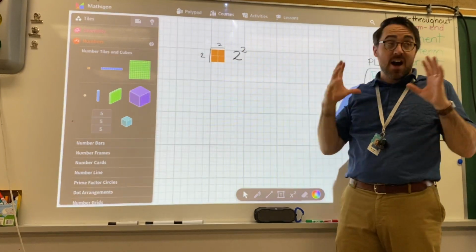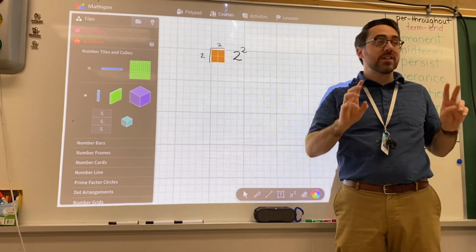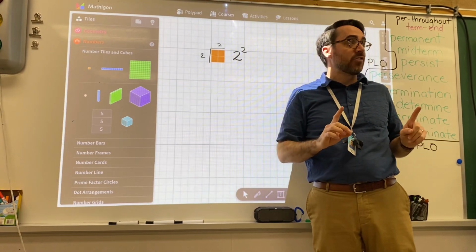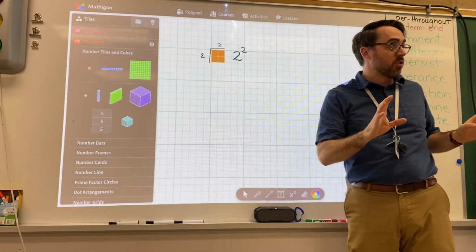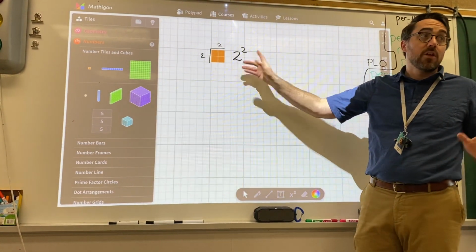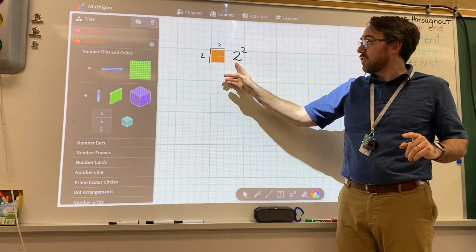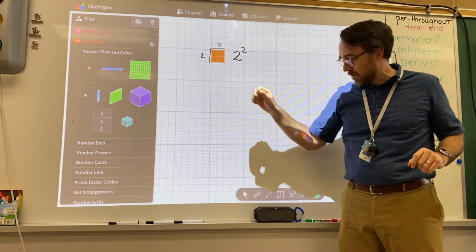I can see with my eyes it's a perfect square, and both the length and width match, so it's a perfect square. I can write that in a special way, as 2 squared. You'll notice that 2 connects to the sides of my shape, okay?